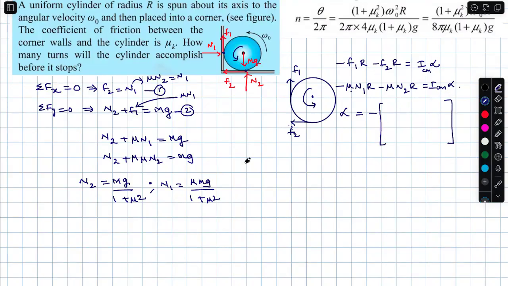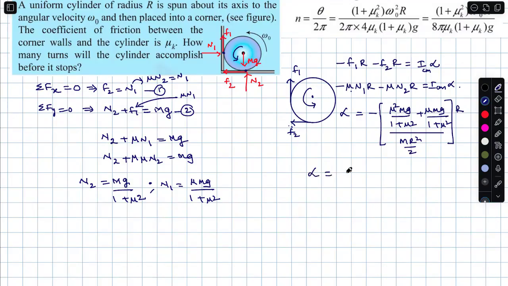Mu N1 means mu square mg by 1 plus mu square, plus mu N2, mu mg by 1 plus mu square, divided by I R, which is also there, of course. For the cylinder, I is mR square by 2.